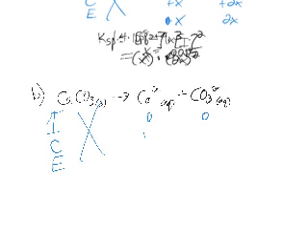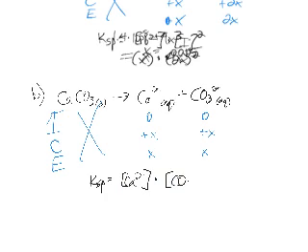And notice that since the coefficient for both of these ions remains a 1, the ice table is pretty straightforward. We'll write an expression for KSP. It's calcium concentration times carbonate concentration. And again, since the reactant is a solid, it drops out of that expression. So it's x times x, that's x squared.